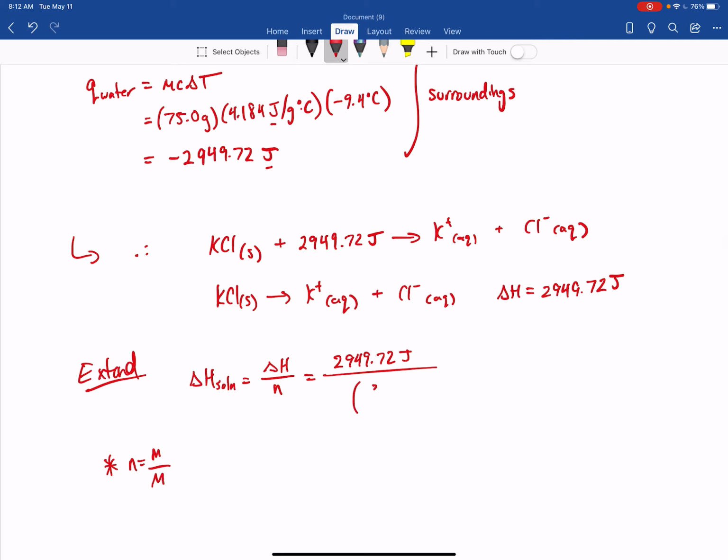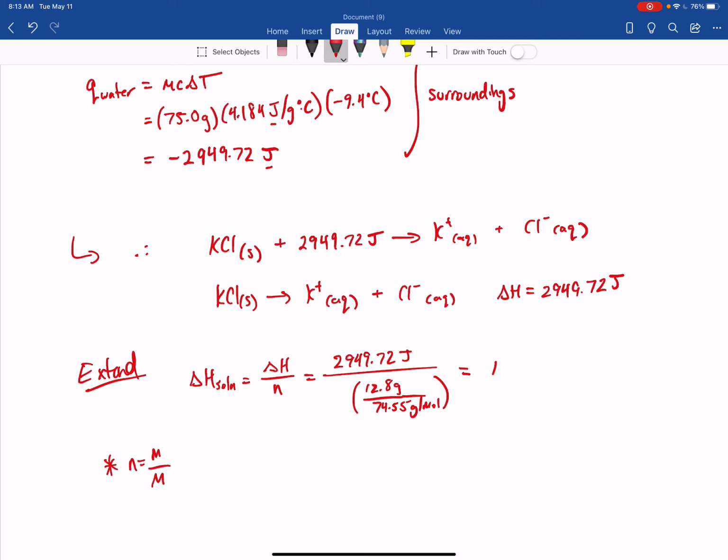We were told in the question there are 12.8 grams, and the molar mass of potassium chloride, we just add up the values on the periodic table, is 74.55 grams per mole. This is going to give us the energy change for this specific scenario.